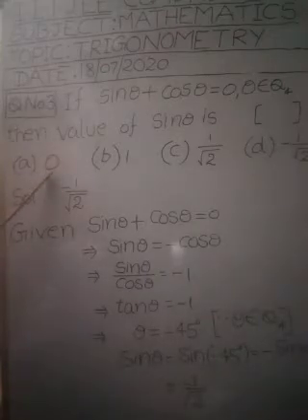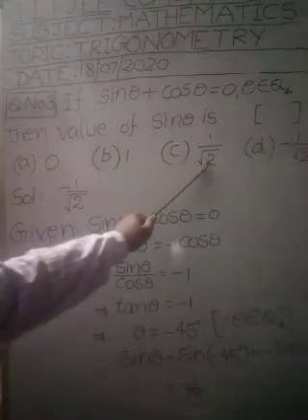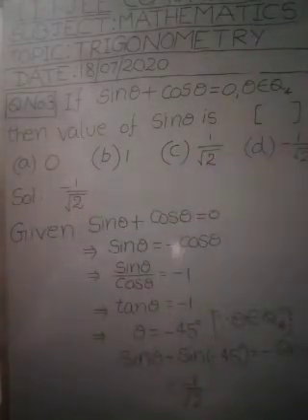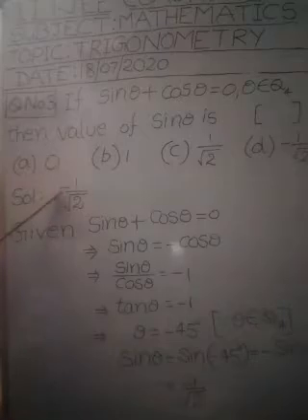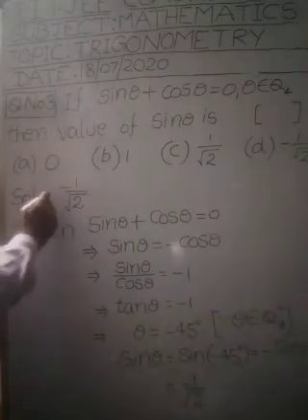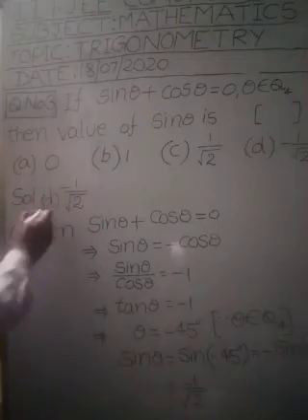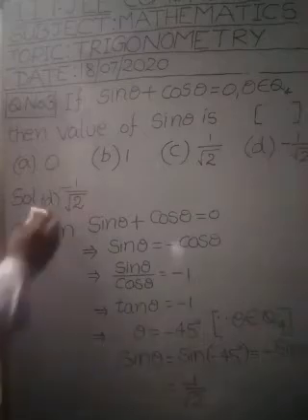First option is 0, second option is 1, third option is 1 by root 2, and fourth option is minus 1 by root 2. Let us see the answer solution. Here the fourth option is the correct answer: minus 1 by root 2 is the answer.